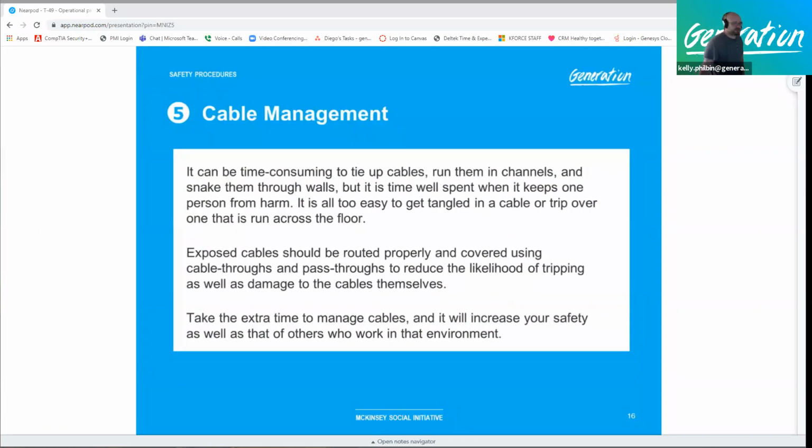All right, cable management. A lot of times, especially if we're in a hurry, we don't typically think about making it look nice and neat and well organized when we're about to leave, because we're typically in a rush to get in there, get something fixed, get out, and get on with our day.